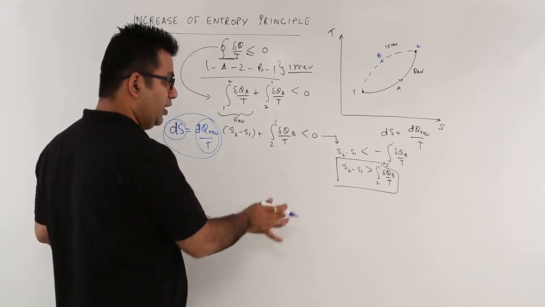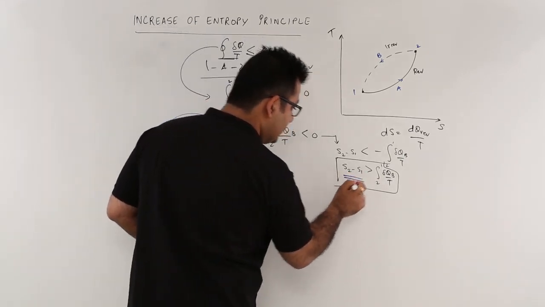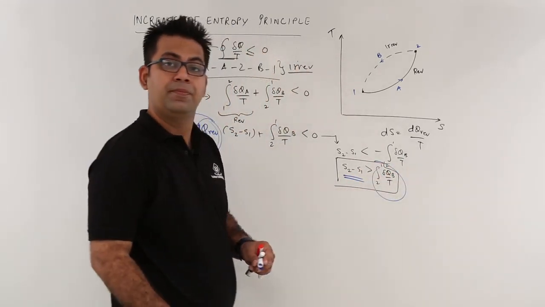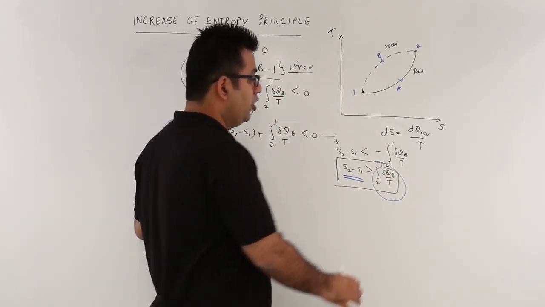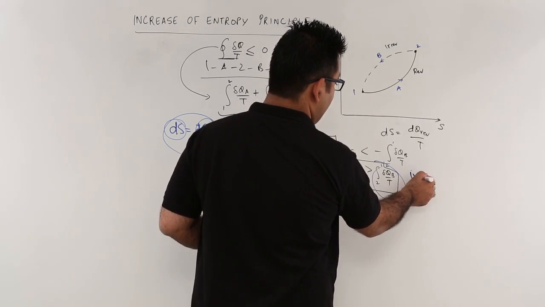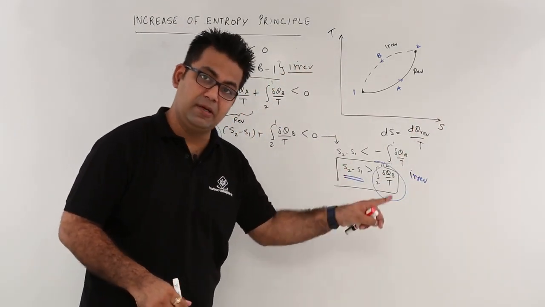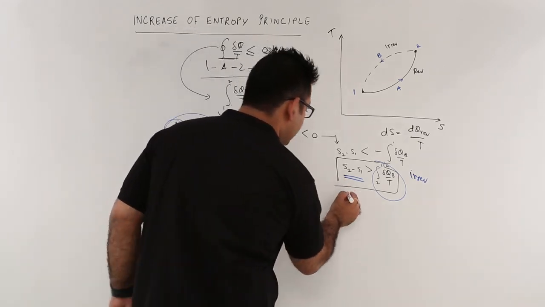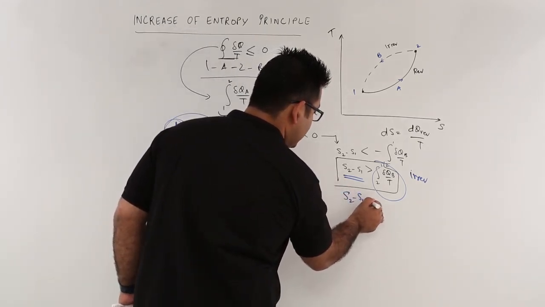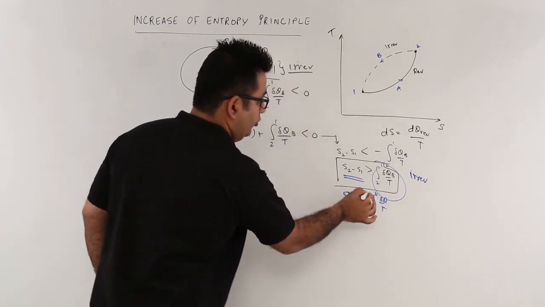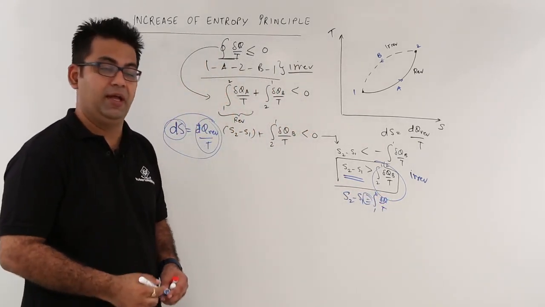Okay, so if you look at this, the entropy change is higher as compared to the entropy transfer. Okay, and this is for an irreversible cycle. Had it been a reversible cycle, then it would have been simply S2 minus S1 is equal to integral 1 to 2 of delta q upon T. So you would have had an equal to sign over here.